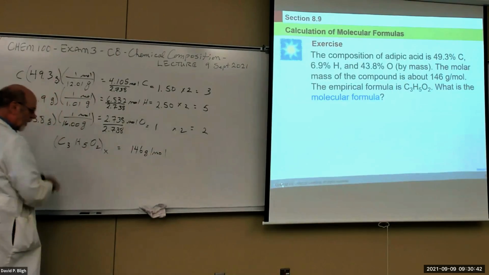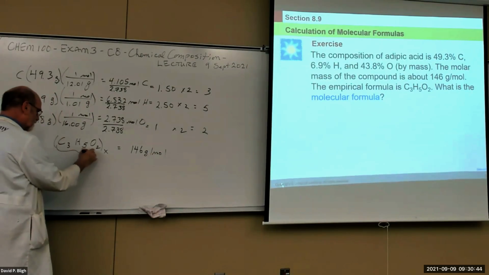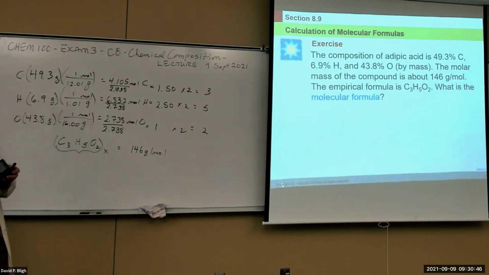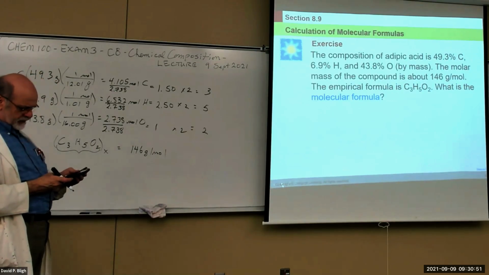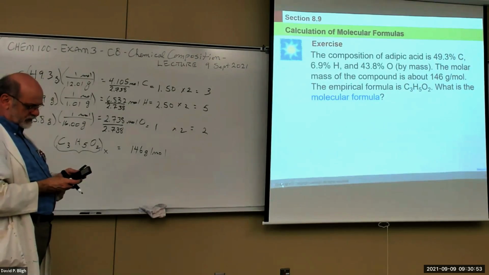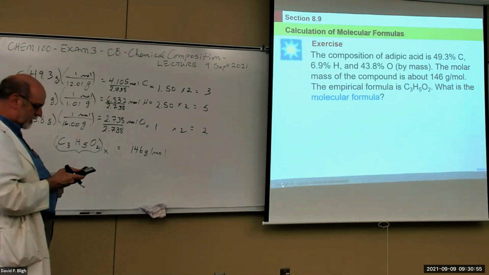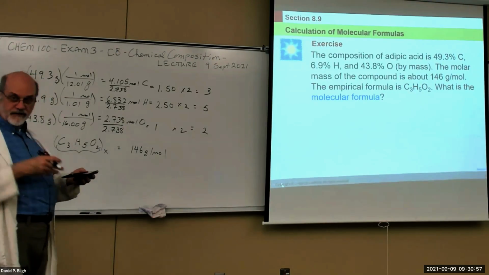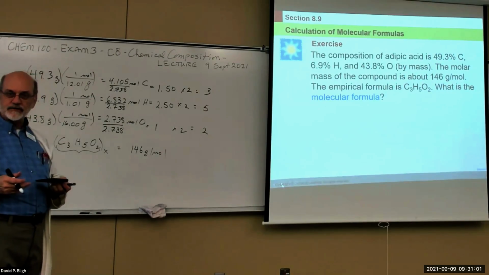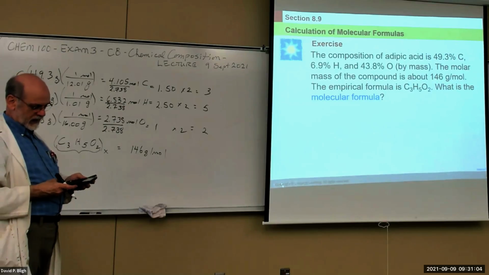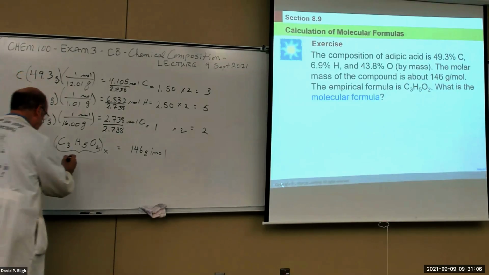We need to find that multiplier. So what about this? What's the empirical mass? Well, let's see. Carbon is 12.01 times 3. Hydrogen is 5.05 because it's 5 times 1.01. And then oxygen, 2 times 16 is 32. Add that, 73.08.